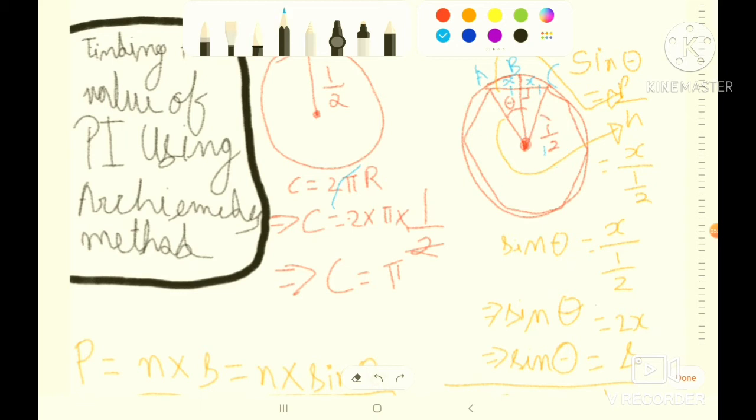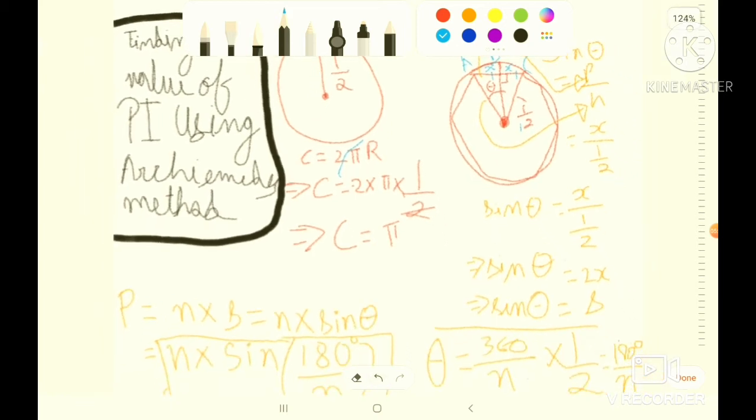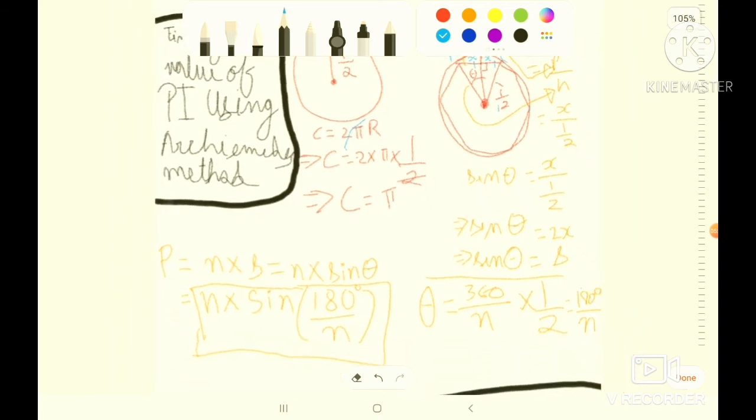Okay, so let's write what we got here. Sine of theta is equal to x by half, which implies that sine theta is equal to 2x.